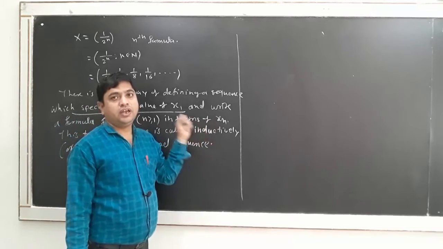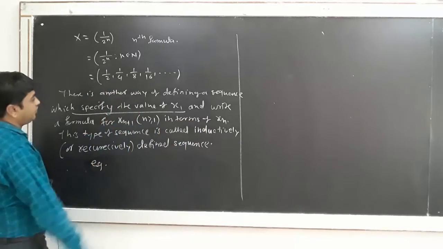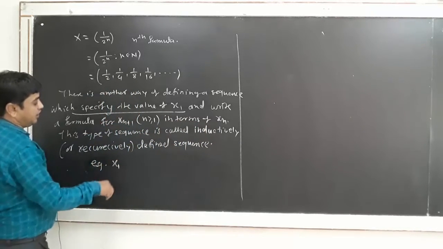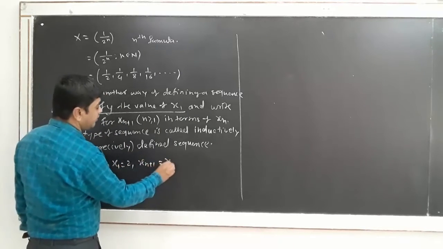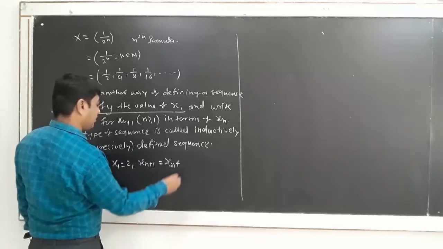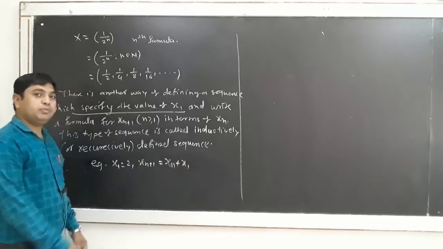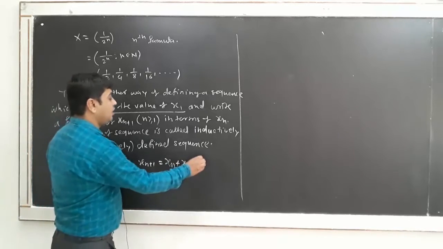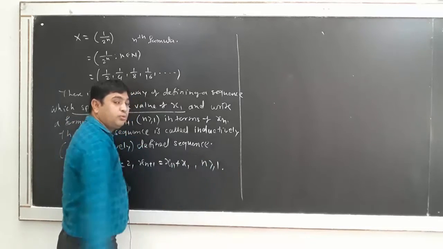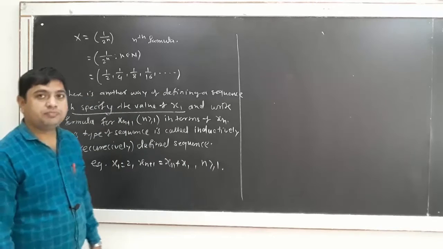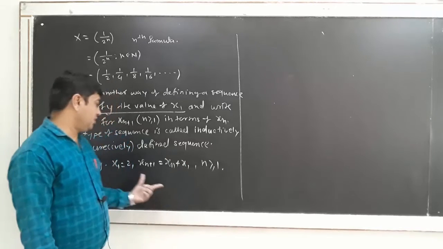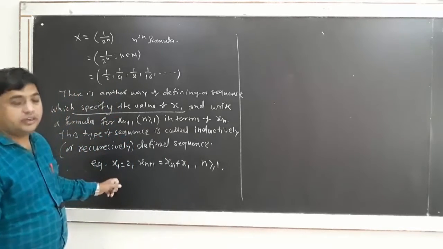For example, suppose x1 is equal to 2 and xn plus 1, we can write it is xn plus x1, for all n greater than or equal to 1. It should be greater than or equal to 1. Okay, so you can get the next terms.